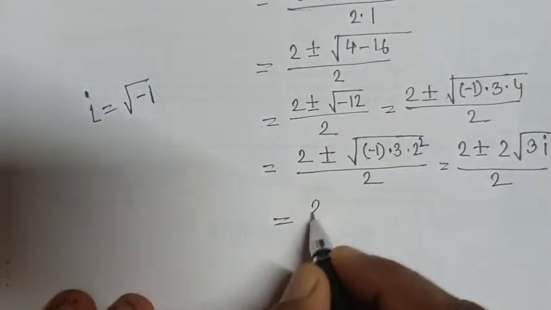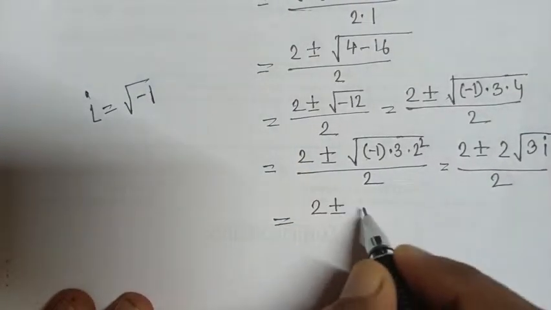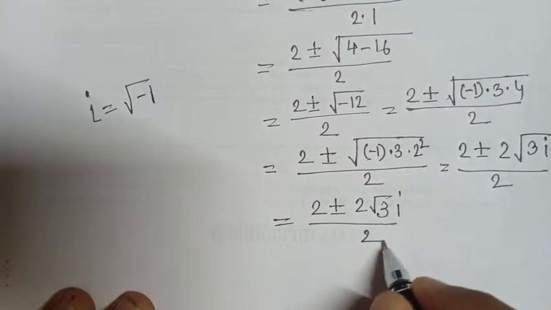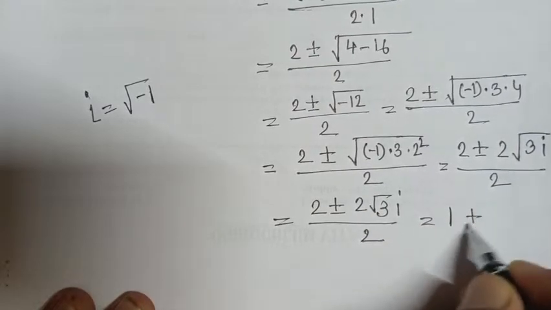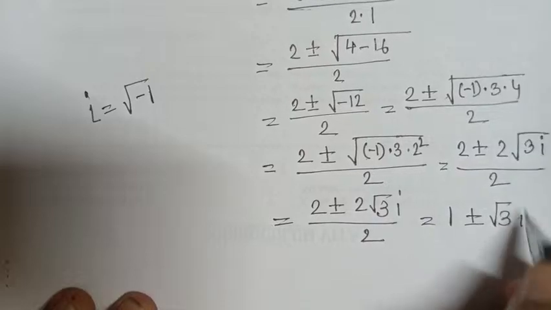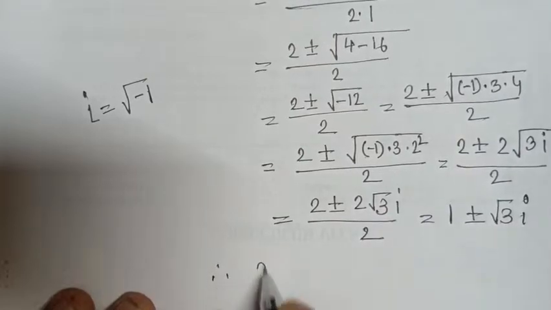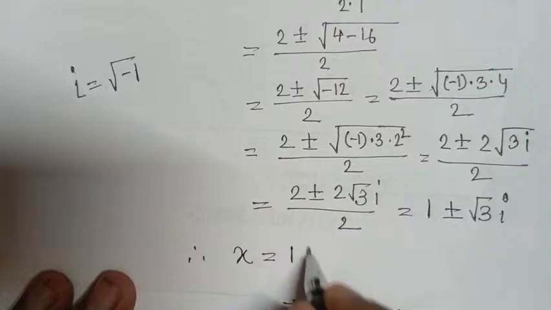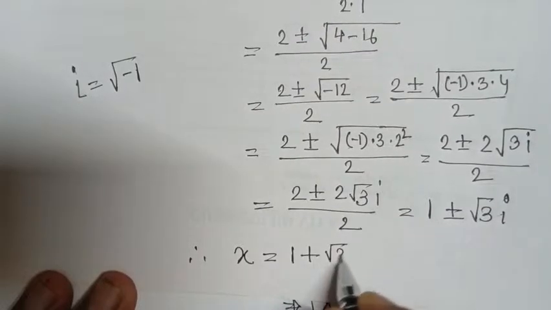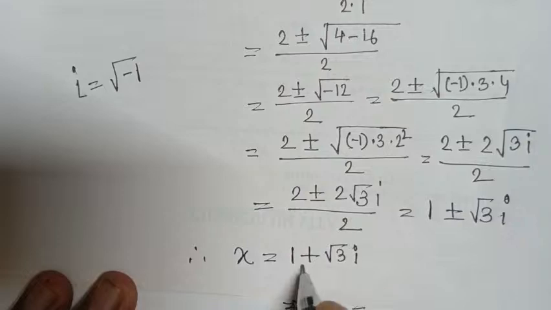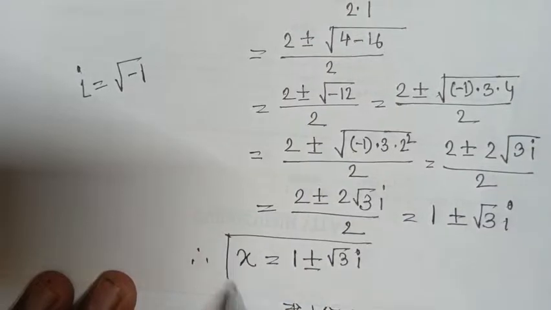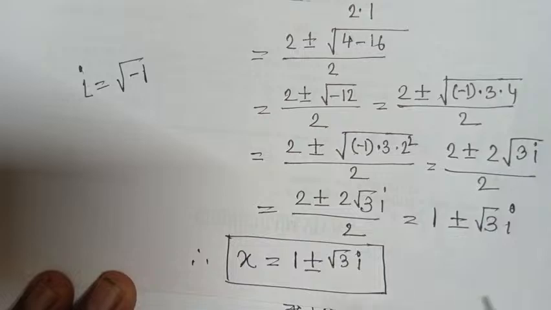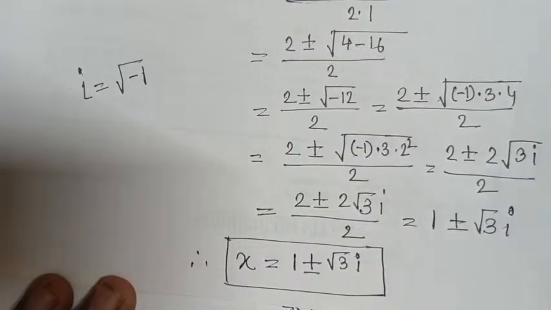So the expression becomes 2 plus minus 2 root 3 i by 2, or 1 plus minus root 3 i. So we get another complex root: x equals 1 plus minus root 3 i.